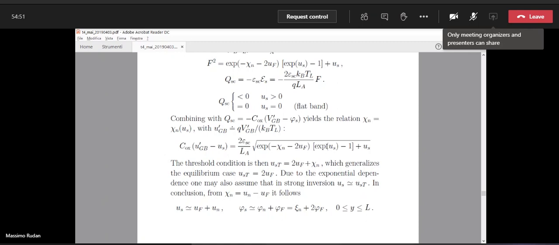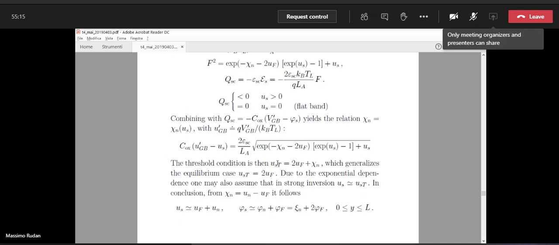So when this exponent is positive, the exponential is dominant with respect to US. So the threshold at which the exponential starts dominating is when US is equal to 2UF plus chi-n.